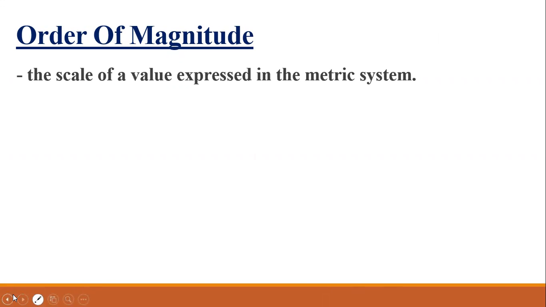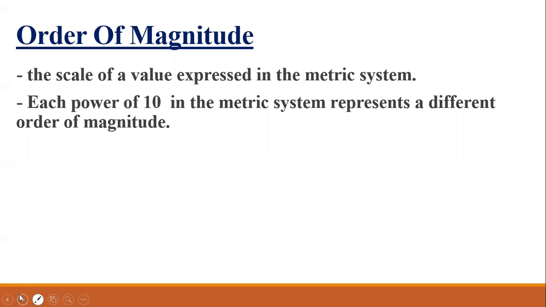The term order of magnitude refers to the scale of a value expressed in the metric system. Each power of 10 in the metric system represents a different order of magnitude.